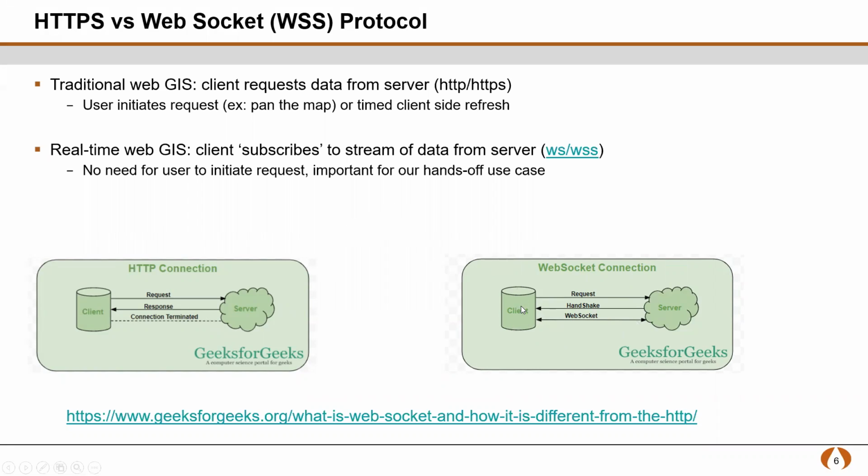So the client doesn't have to do anything. It can just sit there and receive that data. Really powerful stuff, because with traditional WebGIS you could just set a timer on your application to pull the new data every minute, but that's not quite as clean as using WebSockets. And here's a good link where I pulled these diagrams from, GeeksforGeeks, if you want to check that out.